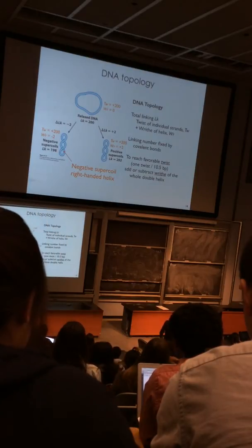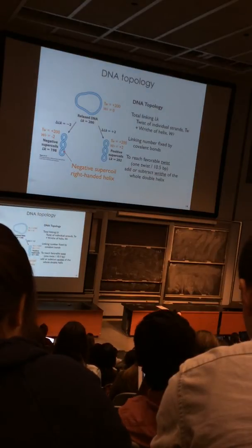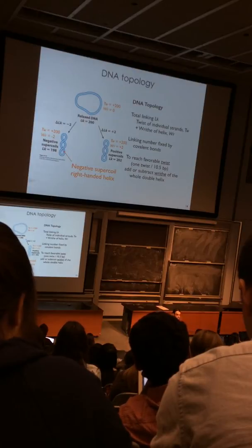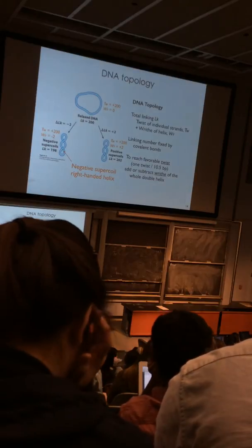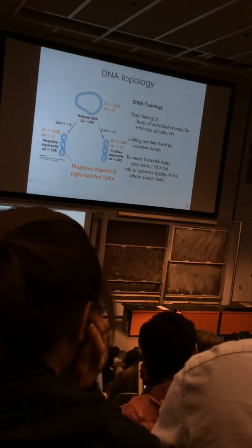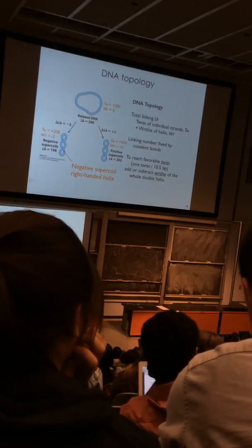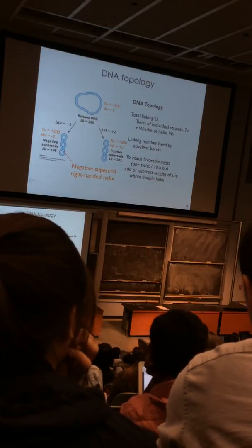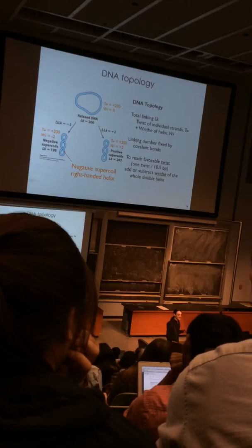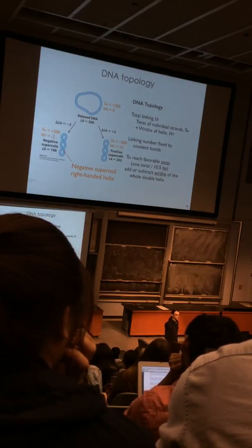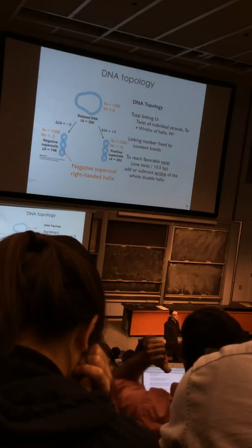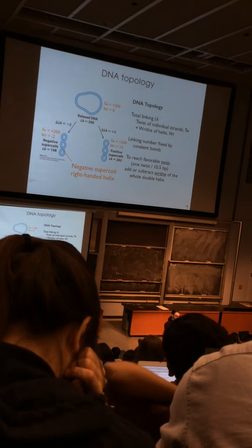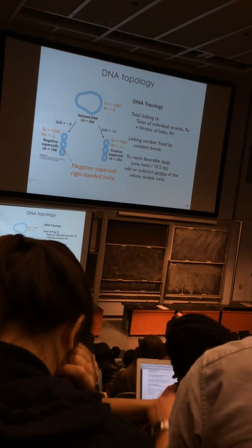So whenever the linking number is lower than the twist should be to give unstrained DNA, you'll have negative supercoiling and negative writhe to make up for that underwinding. Likewise, whenever the DNA has a linking number that's too high for the amount of twist you would like to have in a relaxed conformation, you'll get a positive supercoiling so that the writhe takes up some of that linking, and the twist matches the amount of twist that DNA would want to be in B form.